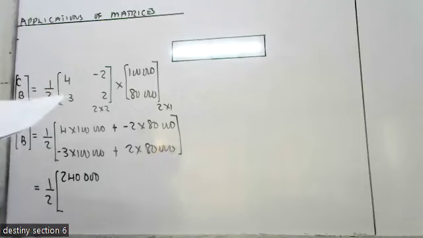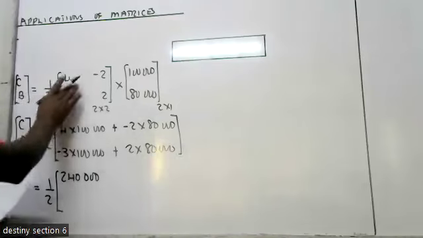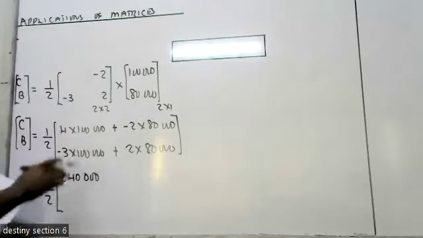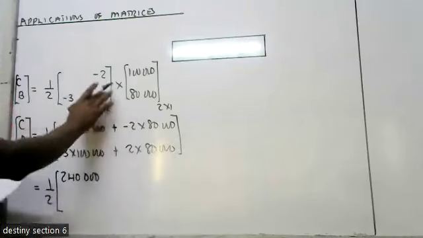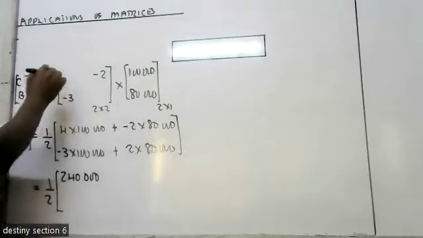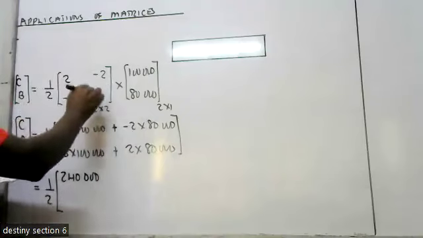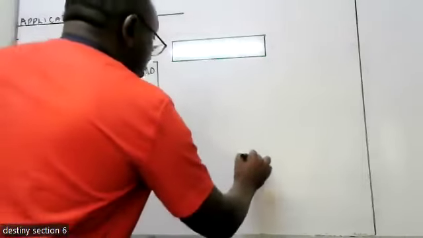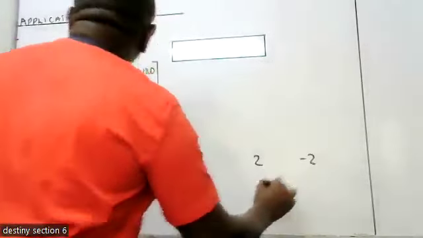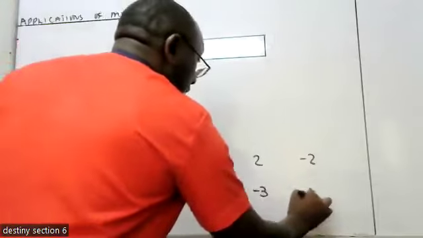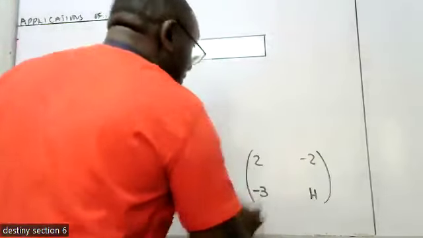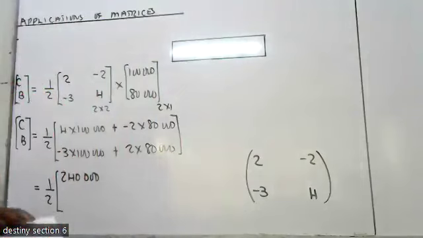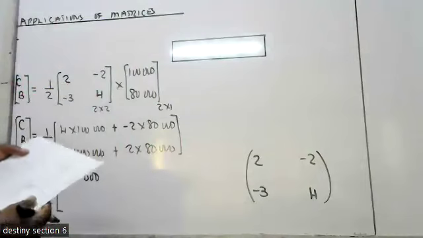My new matrix, I did not change here. I hope the new matrix you recorded like this. This was supposed to be 2 here. This is 4. The new matrix that we got here should have been 2, minus 2, minus 3 and 4. I have transferred the wrong figure here, but that is how it should be.